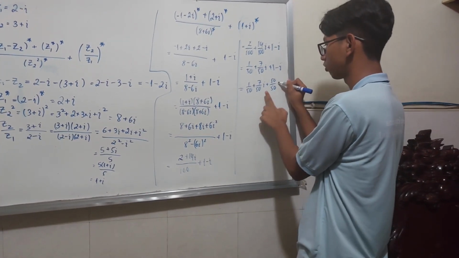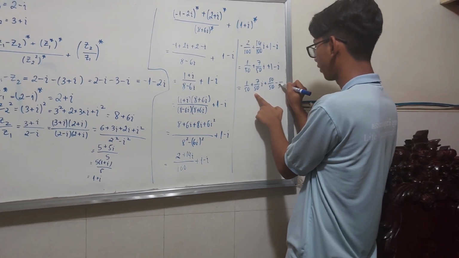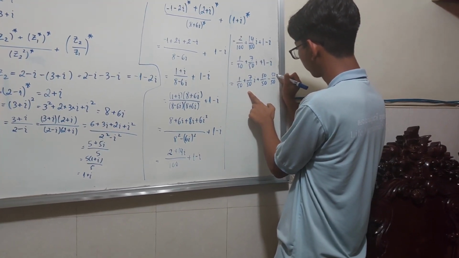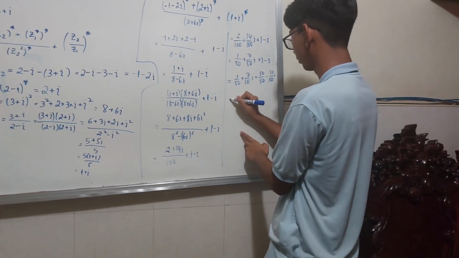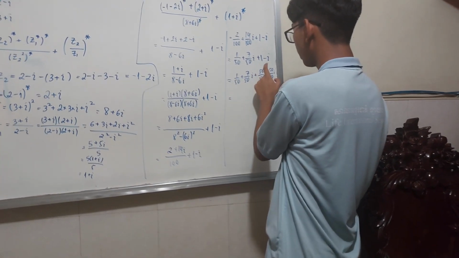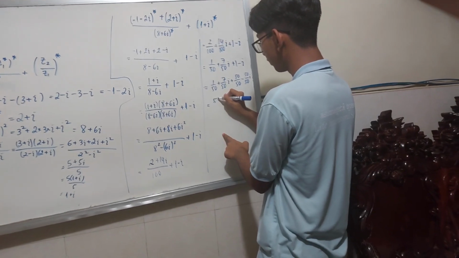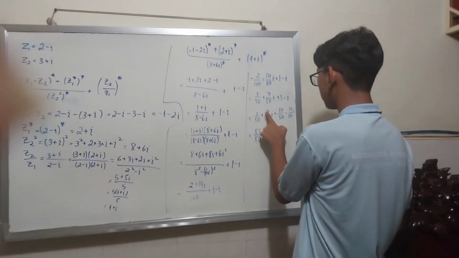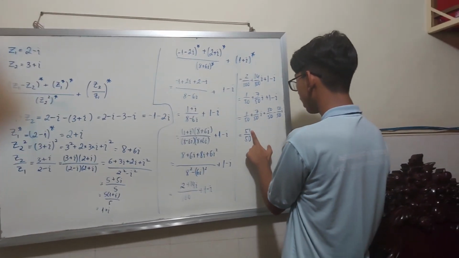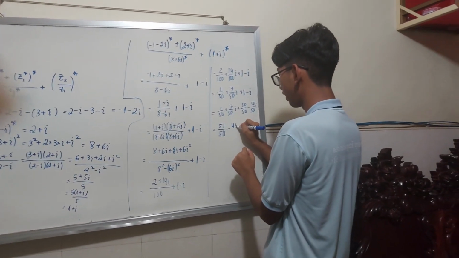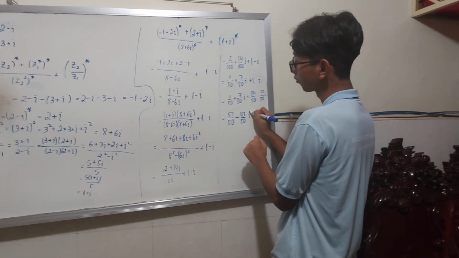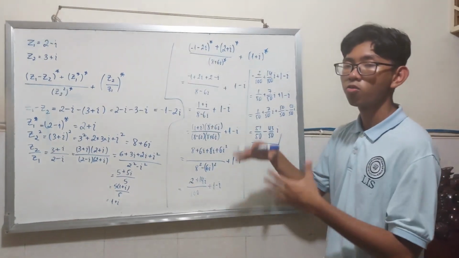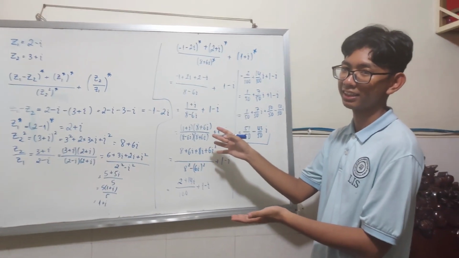And the same goes for i. So 1 plus 50 is 51 over 50. And 7 minus 50 is minus 43. So this is our answer for our first question.